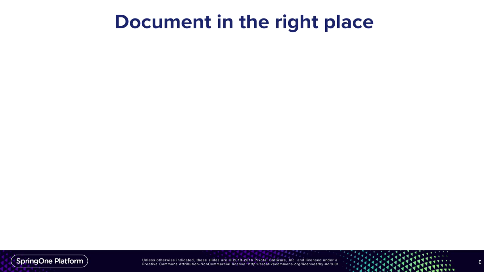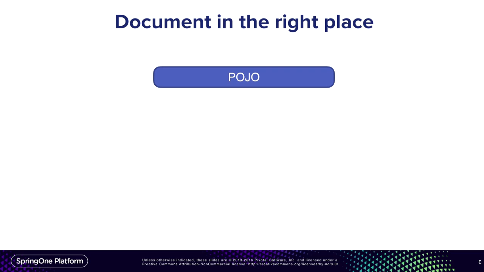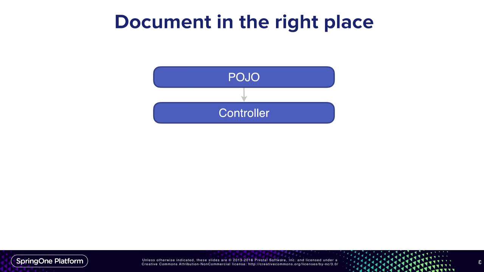Then, also an important thing to get right with the tool that you choose is that it documents in the right place. It might be a bit abstract. Basically, when you have a traditional Spring MVC flow, you have a domain model, a POJO, which is then treated by a controller. The controller method has a request mapping and takes the POJO and translates it into JSON eventually.